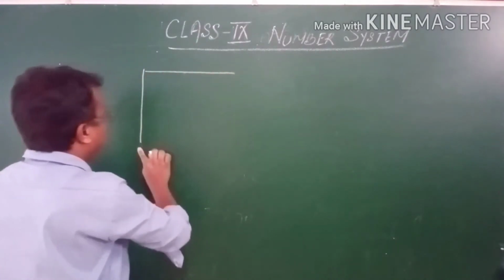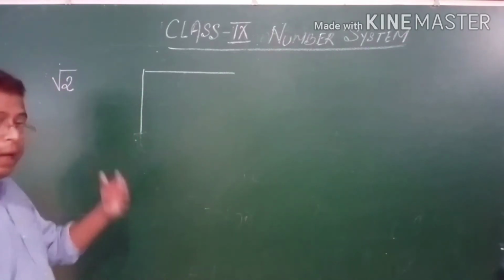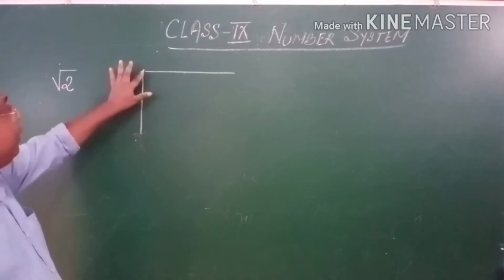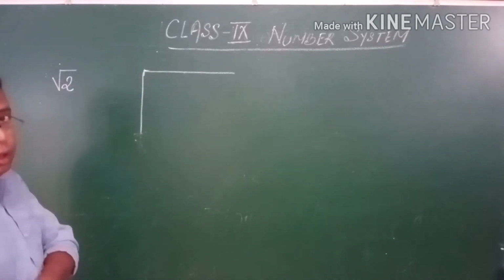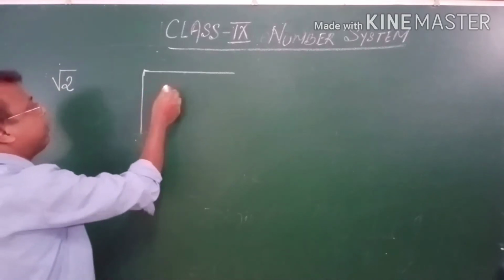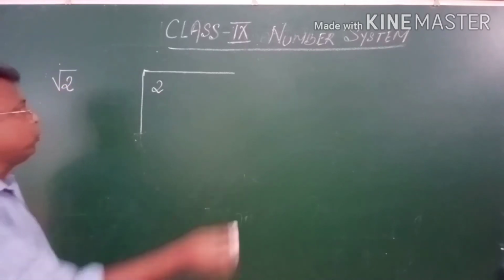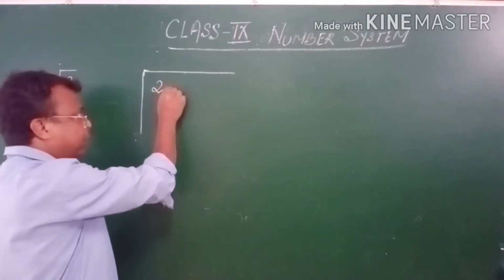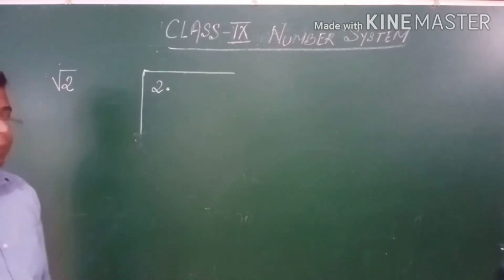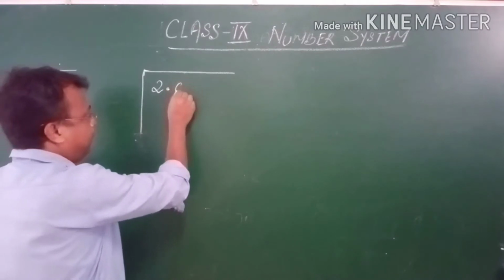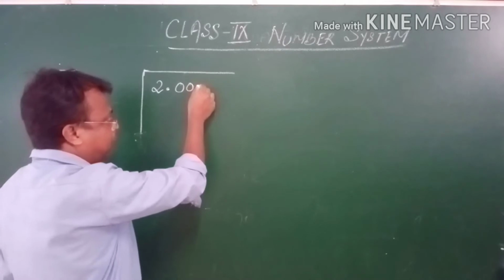You know the long division method that we learned in class 8. We have to find the square root of 2. It is not a perfect square, so let us try to find it. Put a decimal point here, and after that make couples of 0.